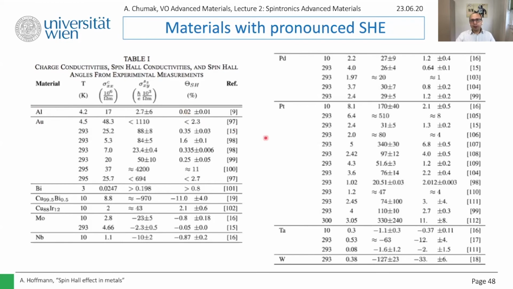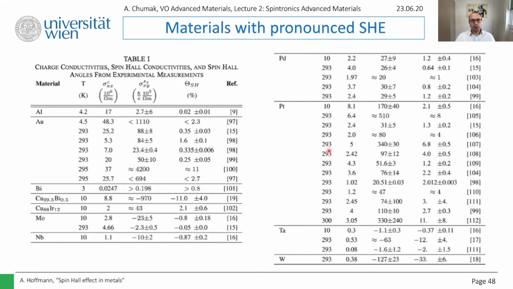Now, if you switch to heavy materials like these two, then, as we have discussed in the previous lectures, the spin orbit interaction energy is proportional to Z to the power of 4, where Z is the atomic number. And for heavy metals, the spin orbit interaction is more pronounced.